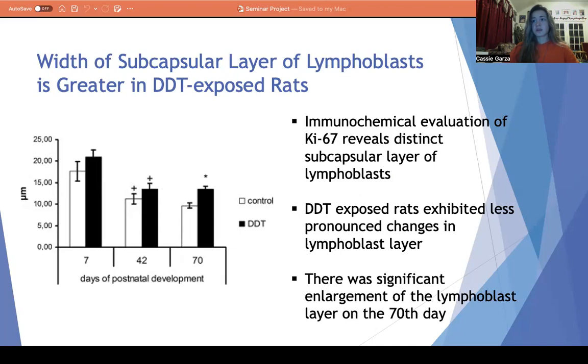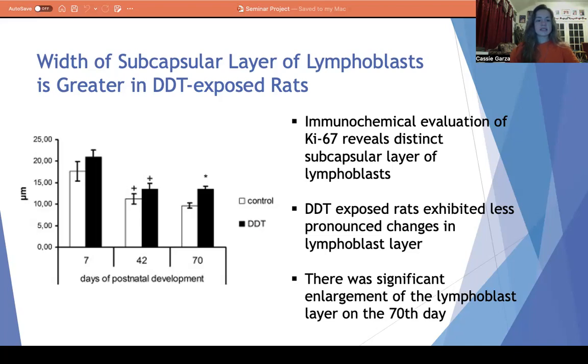The width of the subcapsular layer of lymphoblasts is a great index of the overall proliferation rate in the thymus, and an increased width of this layer corresponds to an increase of lymphoblasts, which we'll see in this slide and the next slide after.